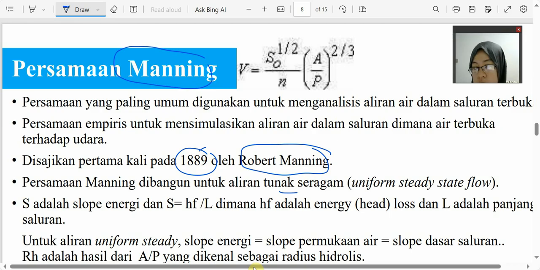So when Manning built this equation, he assumed the flow is in uniform steady state flow conditions, with a free surface.